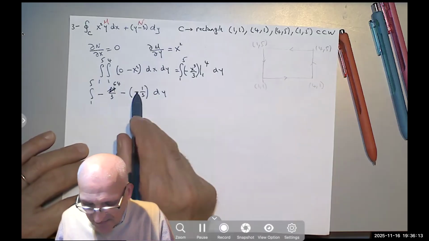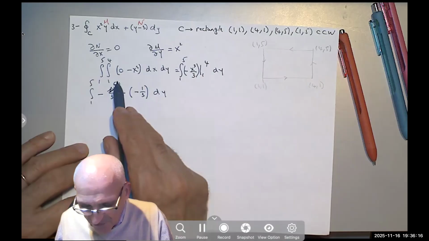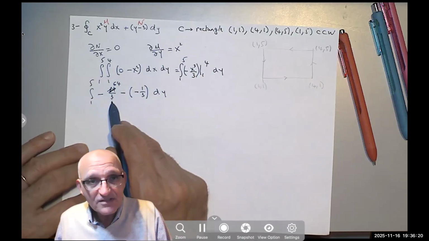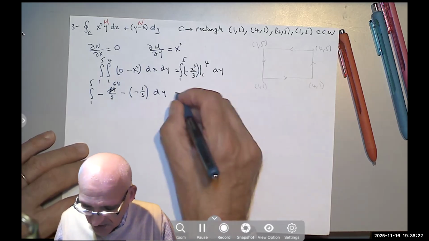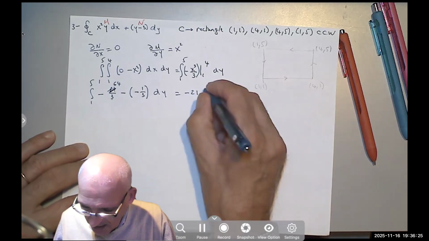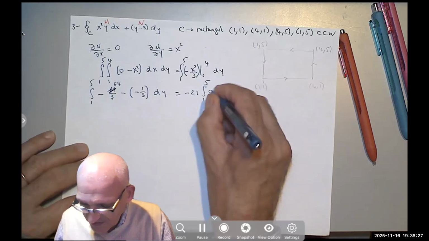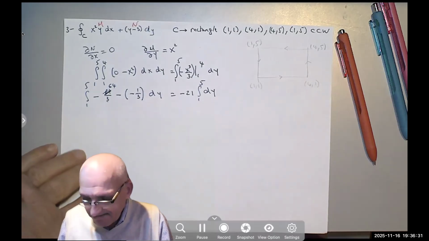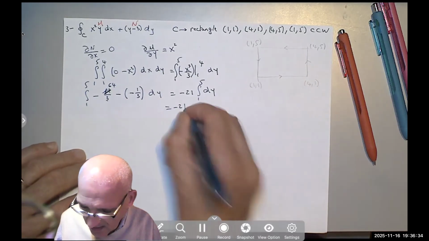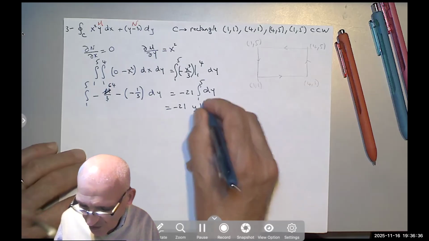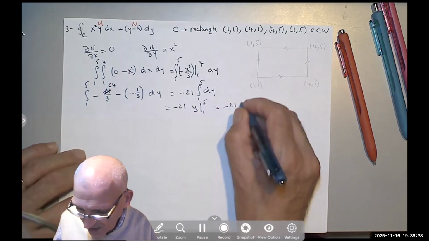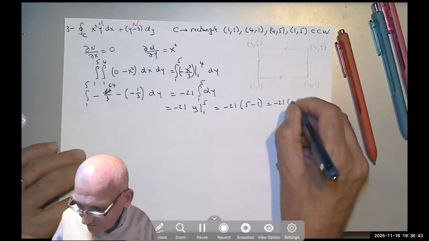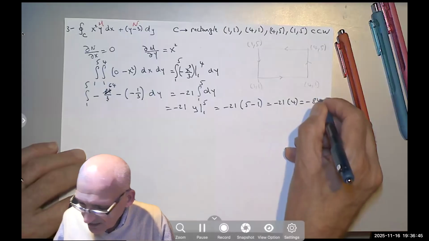Negative times negative is positive, so you get negative 64 thirds plus 1/3, which is negative 63 thirds, which is negative 21. So you get negative 21 times the integral from 1 to 5 of dy, which is negative 21 times y evaluated from 1 to 5, negative 21 times 5 minus 1, negative 21 times 4, negative 84.